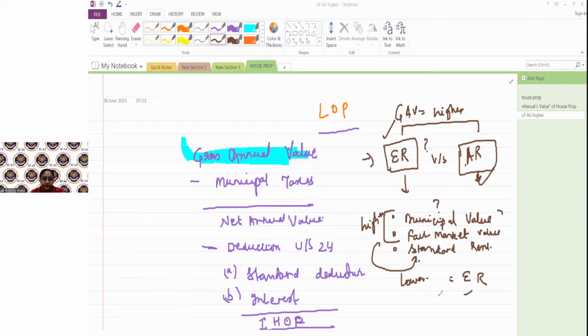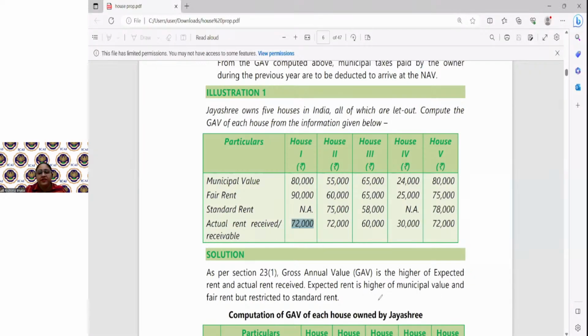Okay, house 3, 4, 5 पे कोई doubt guys? $60, $30 and $78.